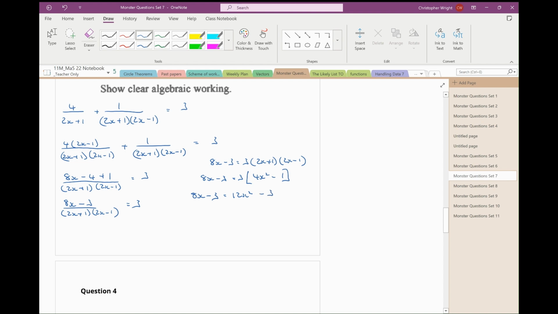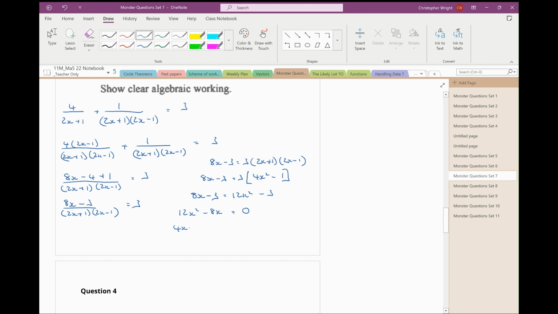I'm going to take my 8x minus 3 onto the other side, because I've got a quadratic equation, so I'm going to set it equal to 0. If I add 3 to both sides, then the constant term disappears. Now I'm going to look to factorize the left-hand side.